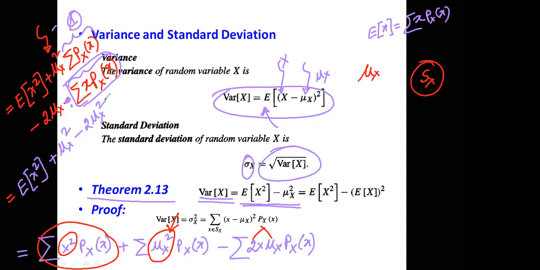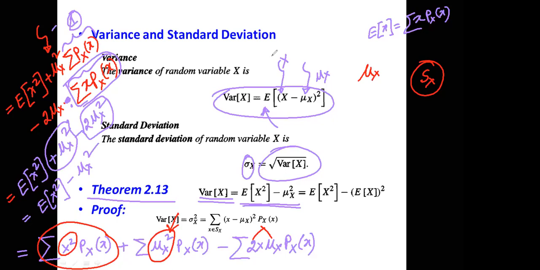All right? And we have plus mu x square, we have minus 2 mu x square, and that will be E of x square minus mu x square. Do you agree with this one?